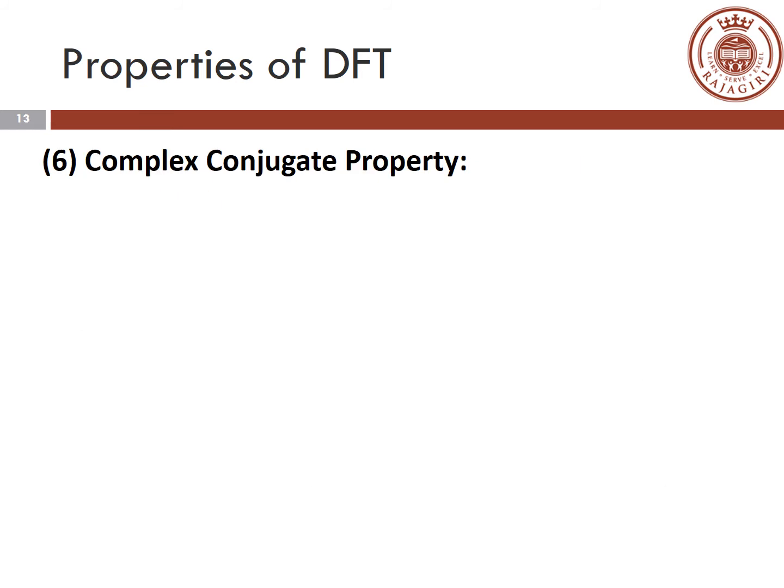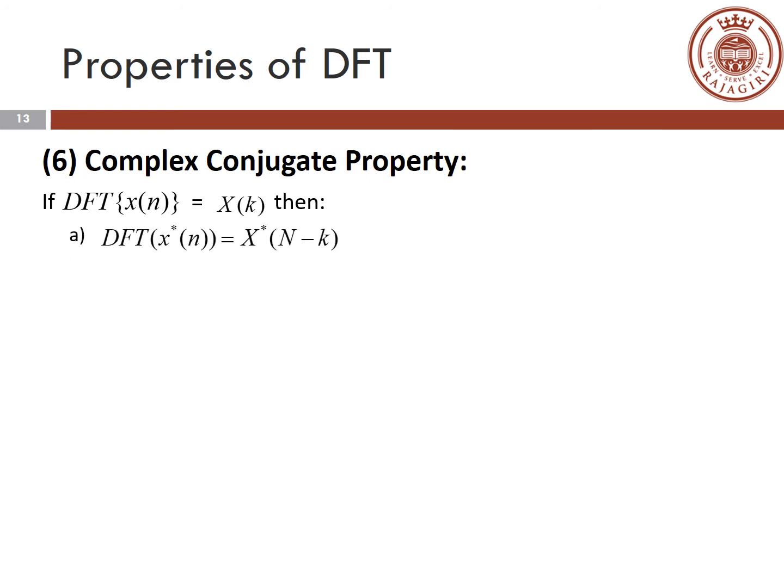The next property is the complex conjugate property. There are two subparts to it. Here, if the N-point DFT of x of n is denoted by X of k, then the first property says that the DFT of x conjugate of n is X conjugate of N minus k.